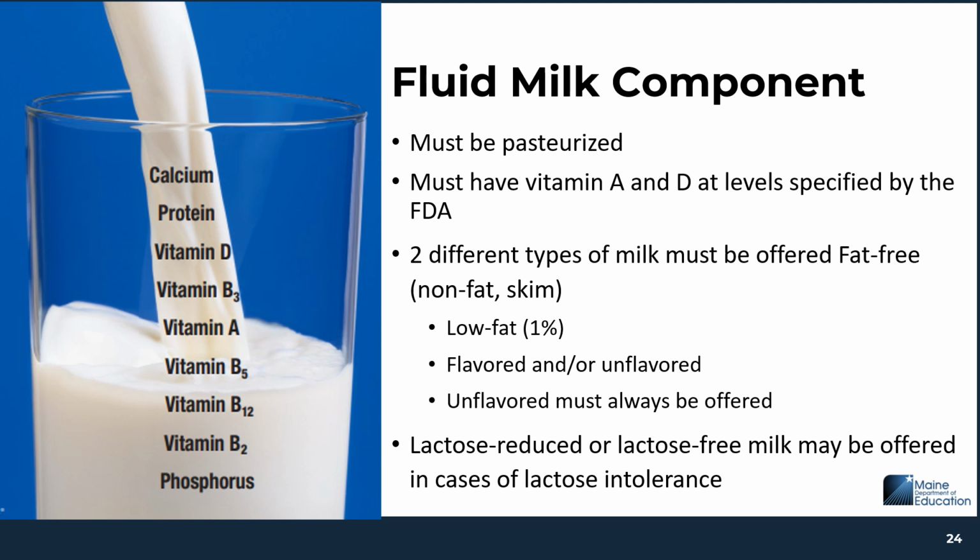Milk must be low fat or 1% or skim or fat-free. It can be flavored or unflavored, and at least 2 different types of milk must be offered. The reason for this is that we want children to drink milk to get the nutrition they need. By increasing the variety that's offered, they're more likely to find the type that they prefer and actually consume it.